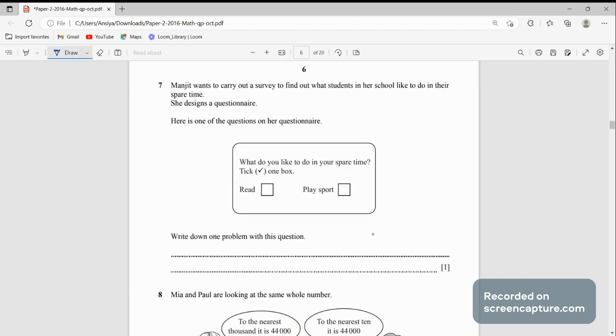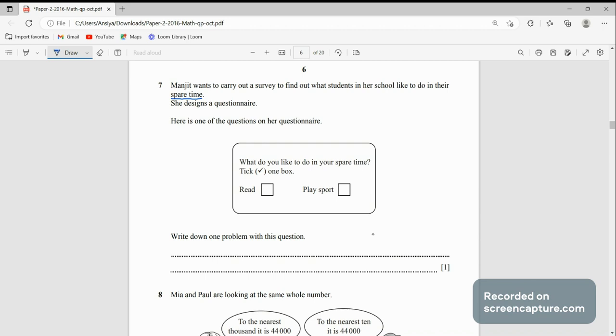Next question. Manjit wants to carry out a survey to find out what students in her school like to do in their spare time, in their free time. She designs a questionnaire. Here is one of the questions on her questionnaire: What do you like to do in your spare time?